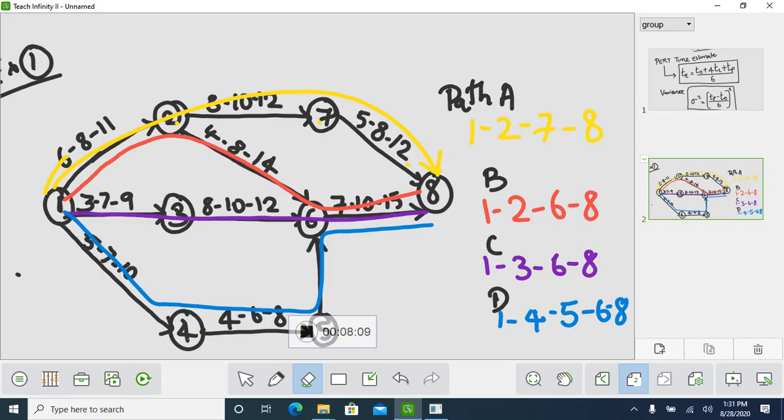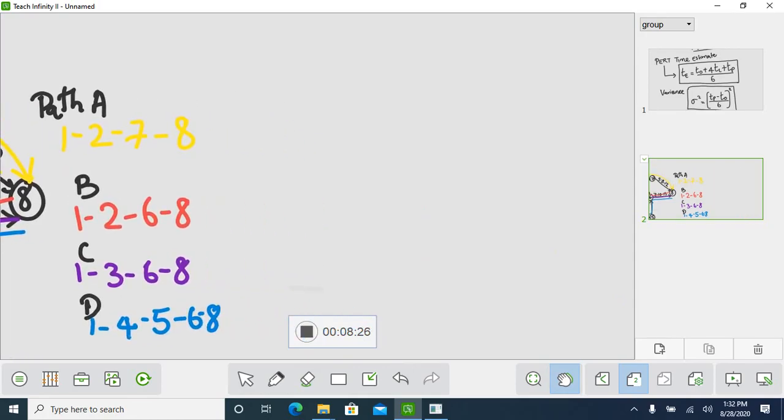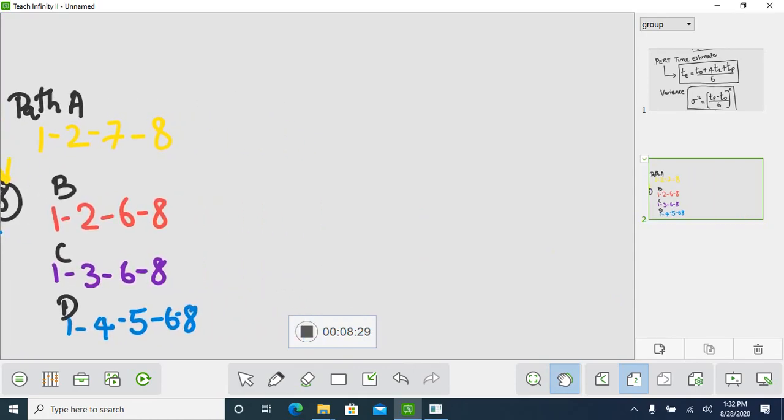So next we have to calculate the time estimate for all the paths. So for all the paths we have to calculate the time estimate. So you have to create a column.